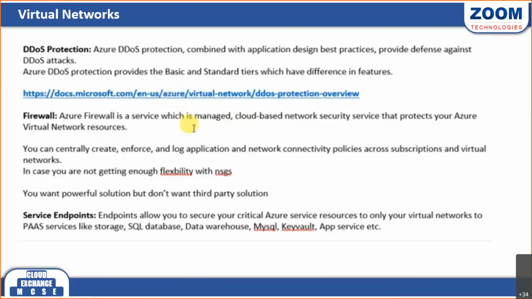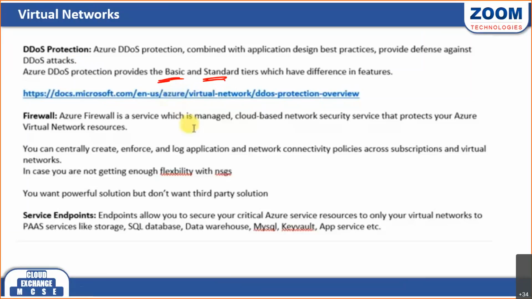So DDoS will stop this type of hacking, guys. Okay. DDoS has two options. One is basic DDoS and one is standard. So basic is free, guys, no charges. But if you go for standard, we have a charge. Okay. So DDoS is doing what? Protecting your private network in the cloud.